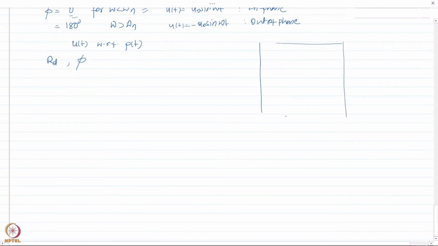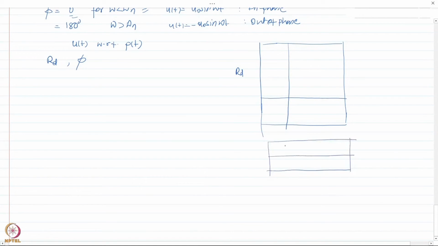So I have this RD. Let me just write it here. I'm plotting RD here, and below this I'm also plotting my phase angle, which is phi, and both these axes are omega by omega n, with values 0, 1, let us say 2, 3, 4, and so on.